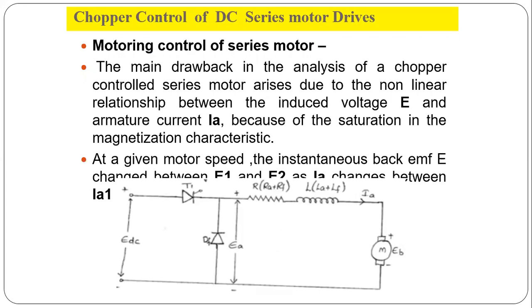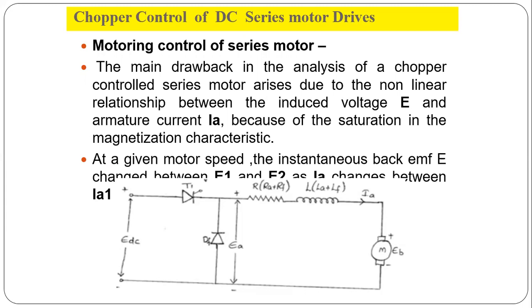Now we are discussing the chopper control of DC series motor drive. In the earlier motor drives, we observed the working principle and diagram of the chopper controlled DC motor drive.